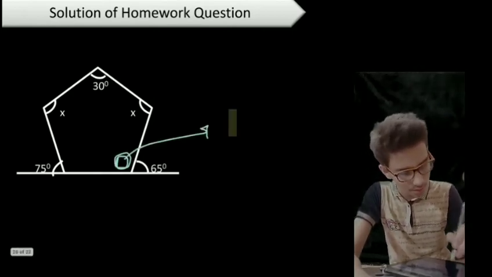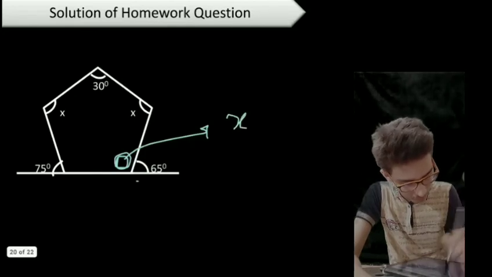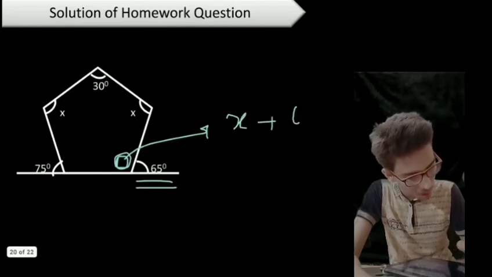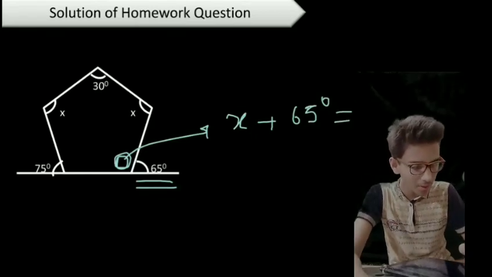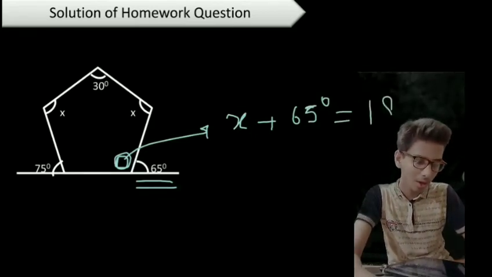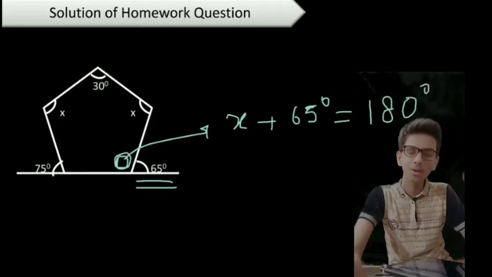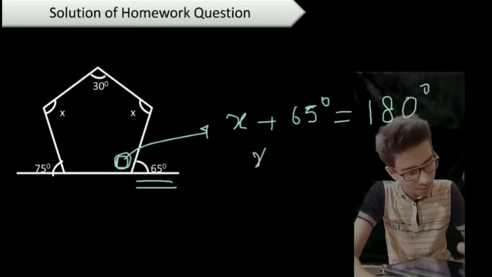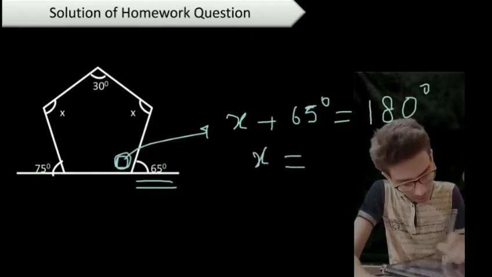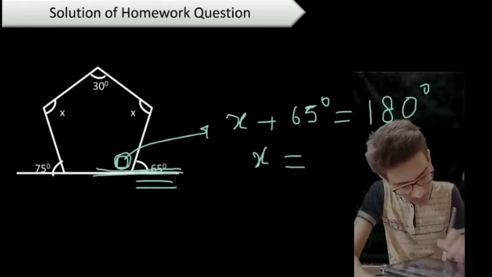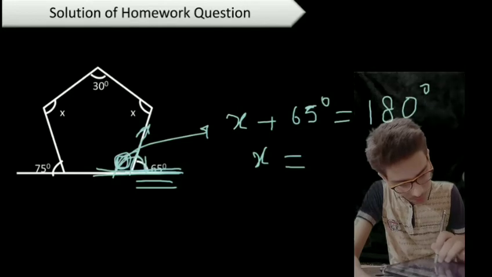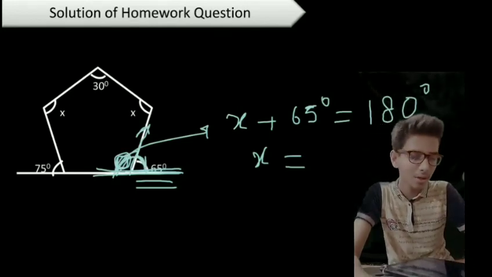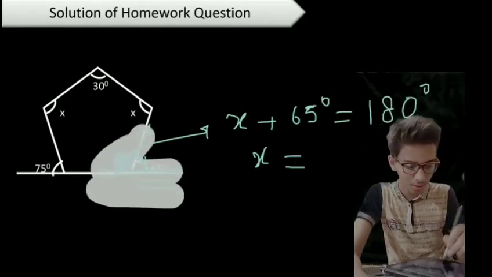If you add this, what will the result be? The result will be 180. Why? The angle is on a straight line. So the sum of angles on a straight line is 180 degrees. That is why it is like that, right?